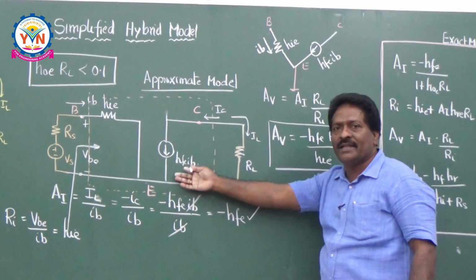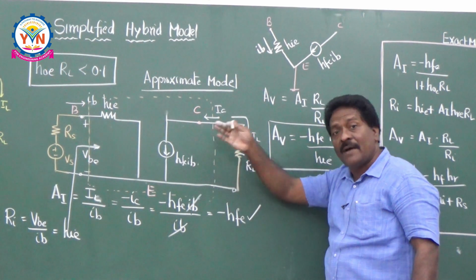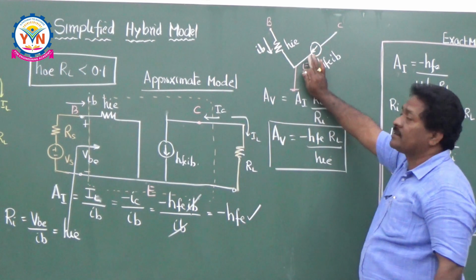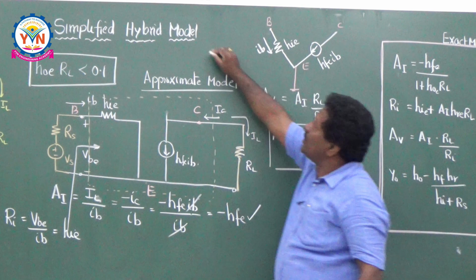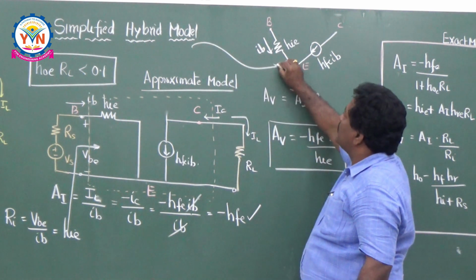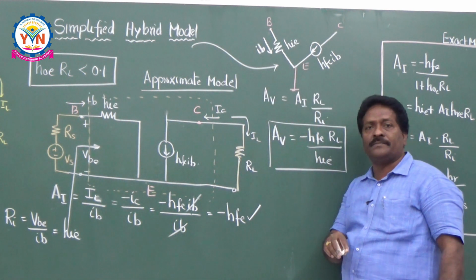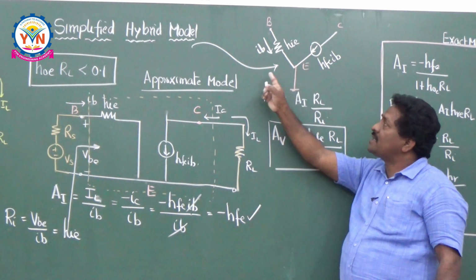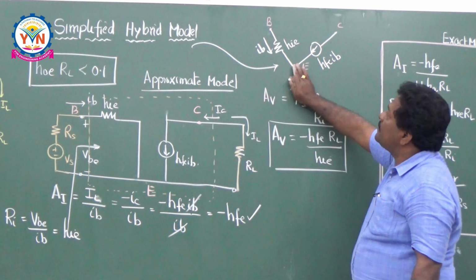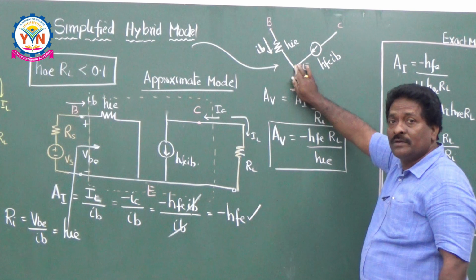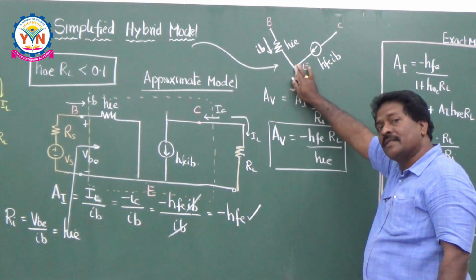This particular diagram can be used for any type of configuration. Not only in the common emitter, in common collector and common base also, you can use this. This is called your simplified hybrid model. Understand it very clearly. This simplified hybrid model can be used for common collector as well as common base configurations.